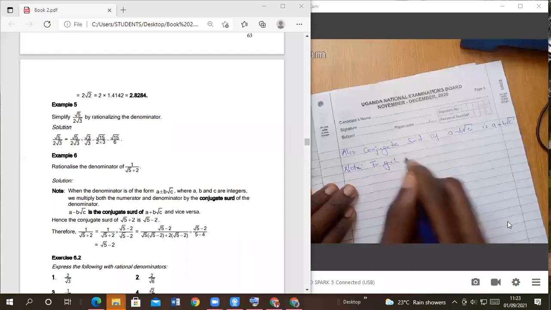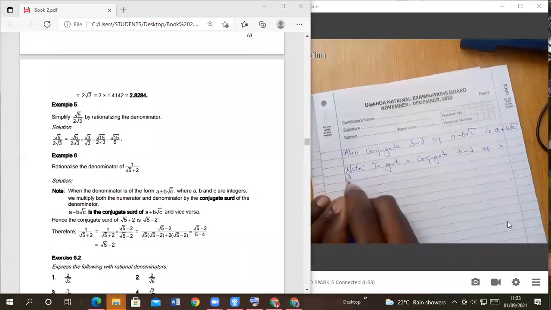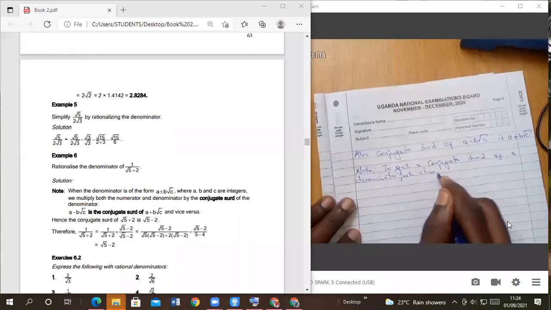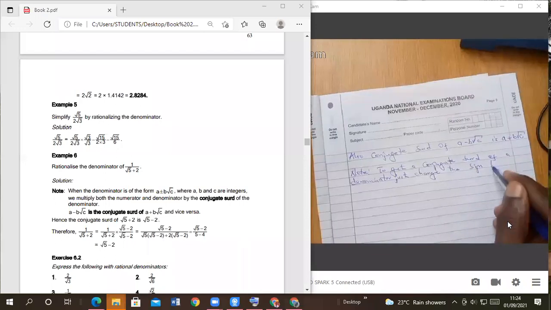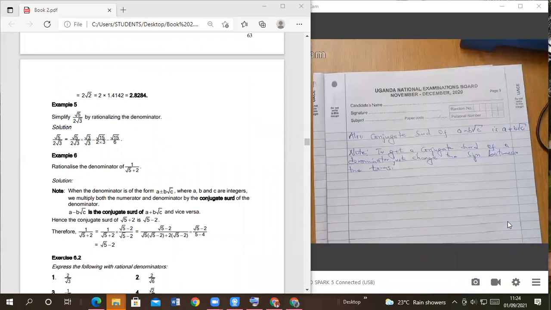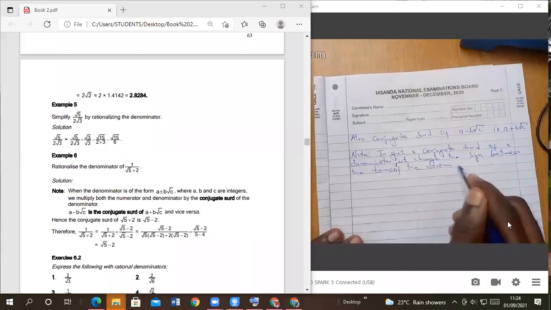To get a conjugate side of a denominator, just change the sign between the terms of the denominator.